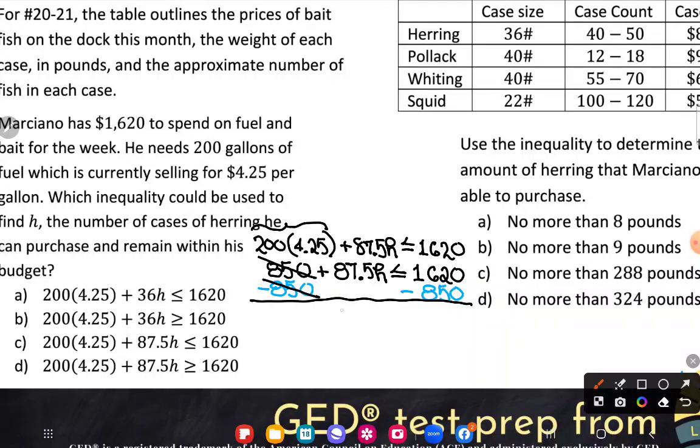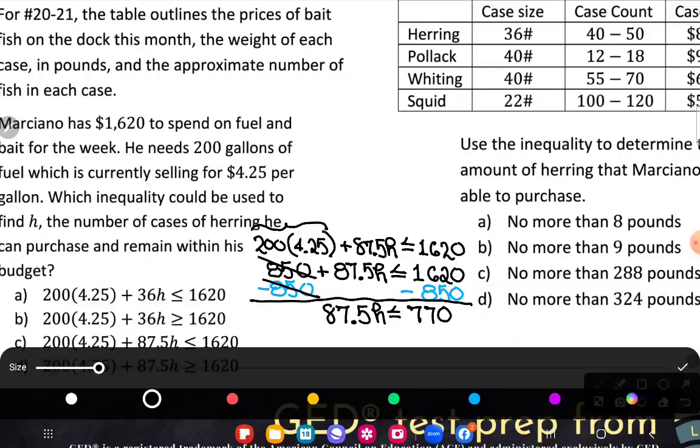I have nothing to add with 87.5H. So I just have the $87.50 a case for the herring has got to be less than or equal to the money I have left. And the money I have left is $1,620 minus $850. So $770. Awesome. I've got $770 to spend or less on herring.